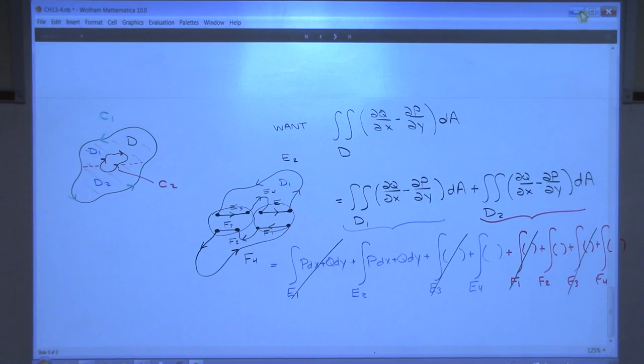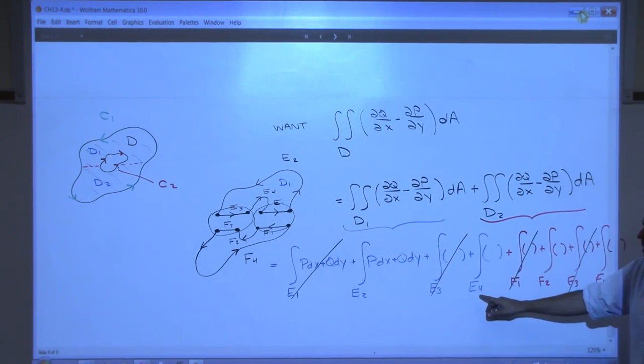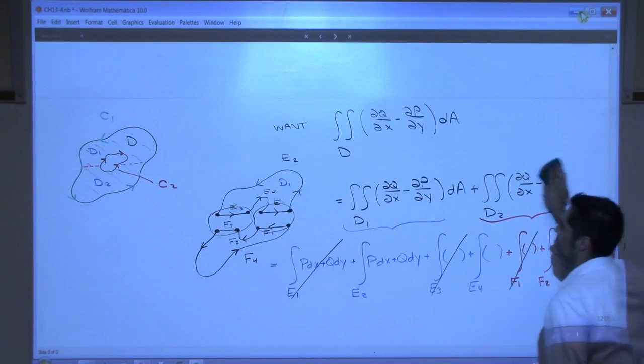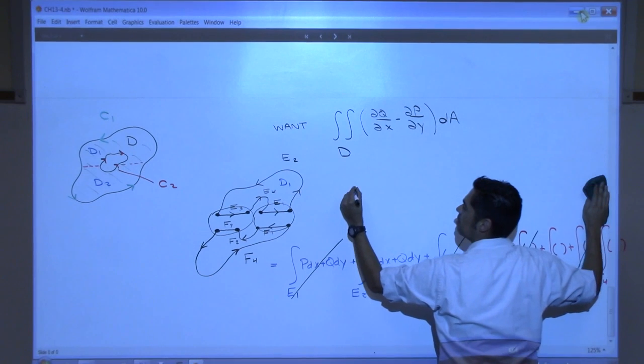What is E2 and E4, right? That's what we have. F2 and F4. So let me do it this way. I have to erase here. Remember, that's what we're looking to get, right? That's what we wanted to see what it turned into.